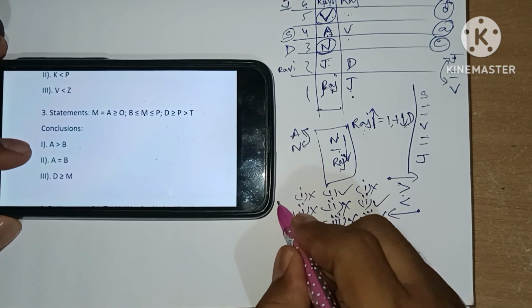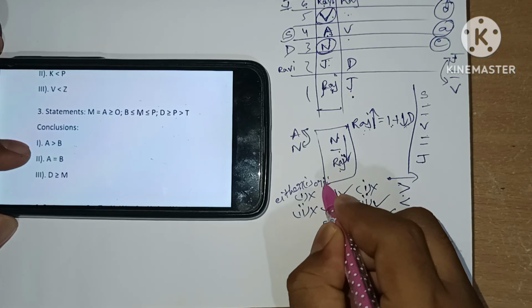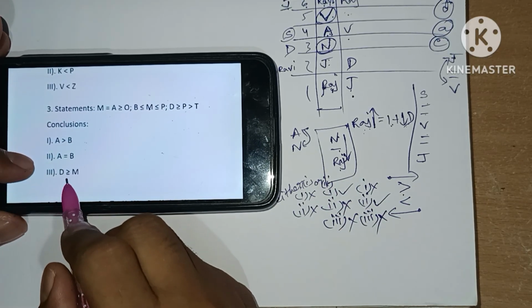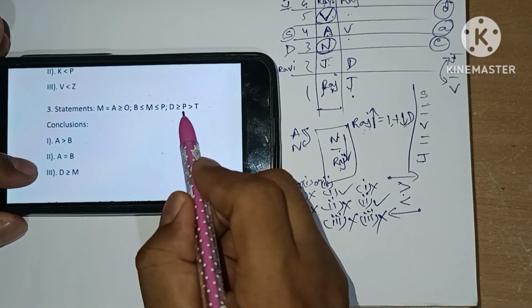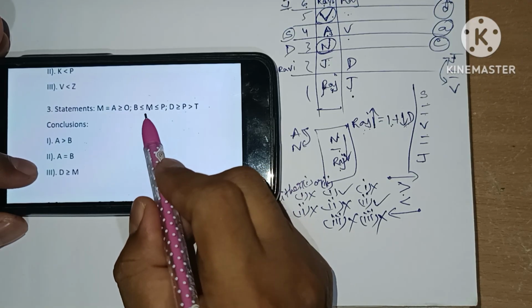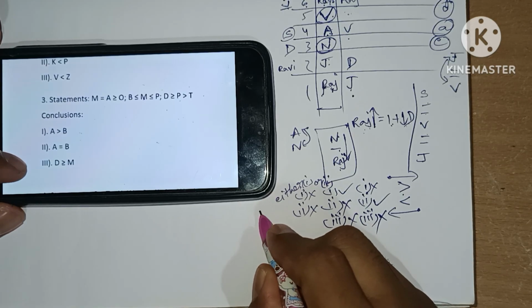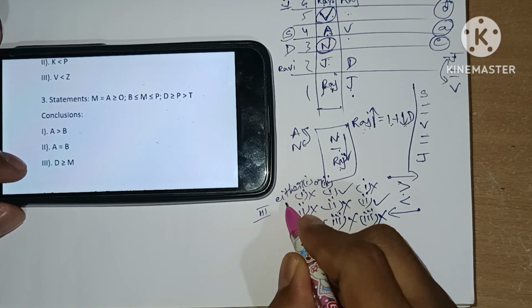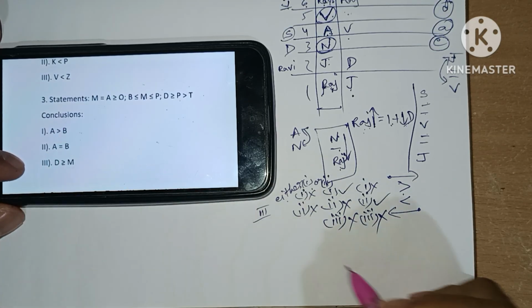So the answer first is that either 1 or 2 is for sure. Let's see whether the third one is true or not. The flow from D to M with everywhere equals to. From D we can reach P. From P we can reach M with everywhere equals to. So the answer for this one is that 3 follows and either 1 or 2 follows. This is the answer for this third question.